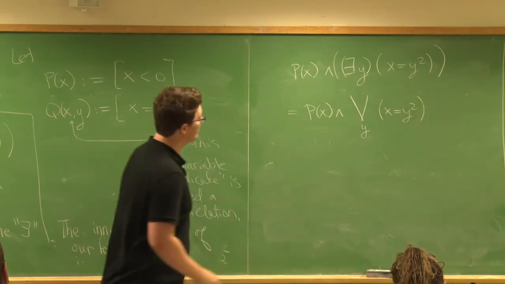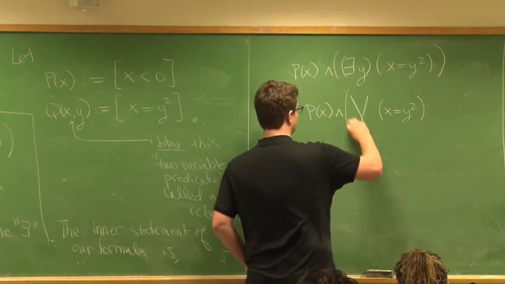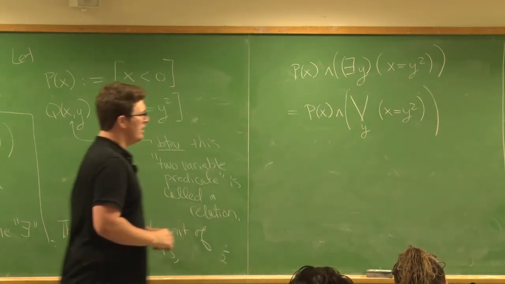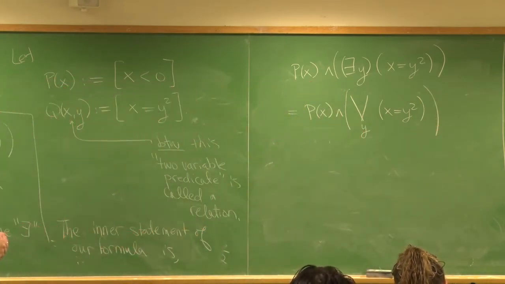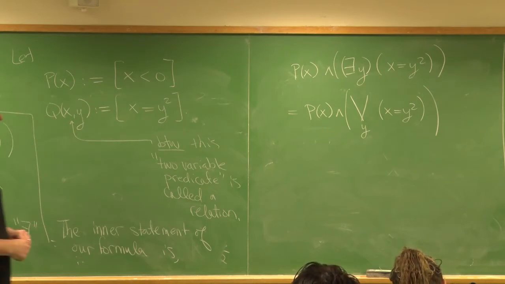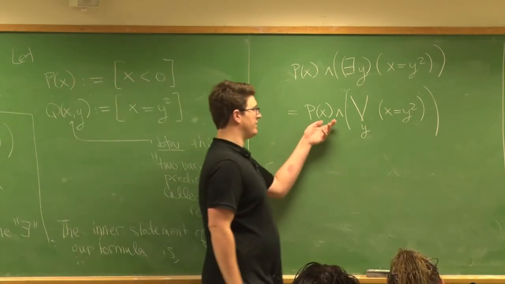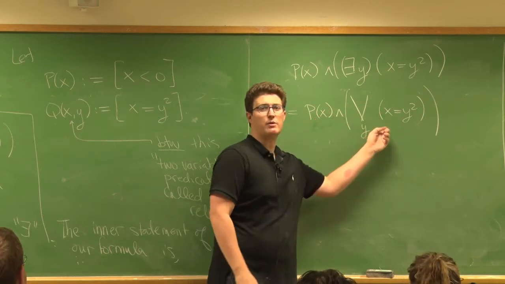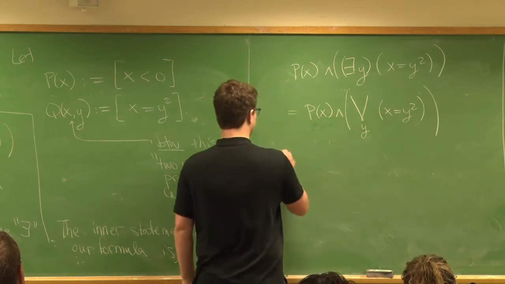So we had p of x and this thing here. And last time we talked about the distributive rule, and for quantifiers we have the same distributive rule. This distributes over this big OR. Okay, so that's how it's going to work.